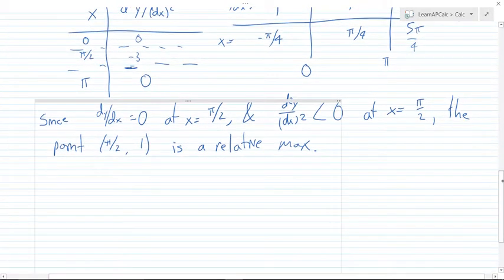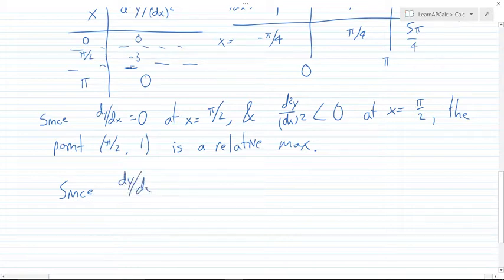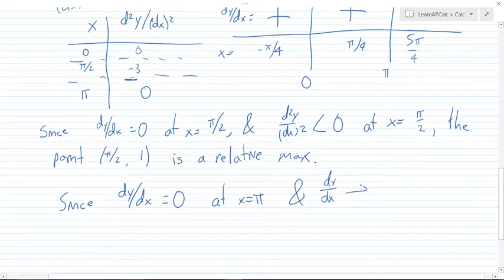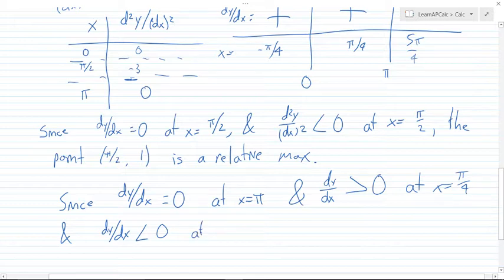So since dy dx equals 0 at x equals pi, and dy dx is greater than 0 at x equals pi over 4, and dy dx is less than 0 at 5 pi over 4.